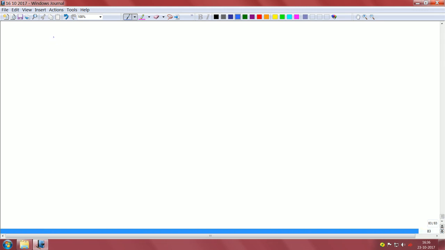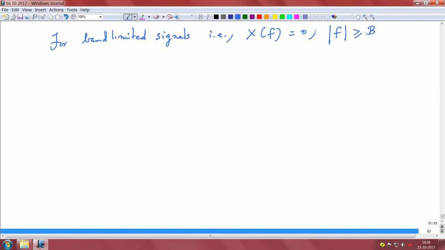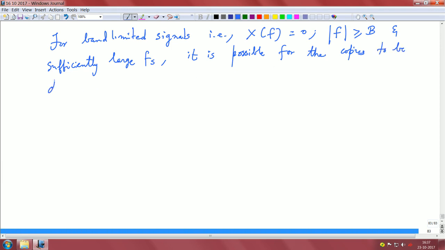Now for band limited signals, that is X of f is equal to 0 for frequencies outside B, and sufficiently large Fs, it is possible for the copies to be distinct from each other, right.